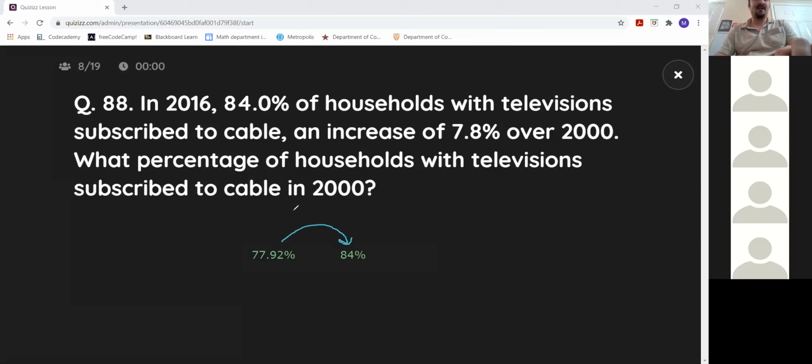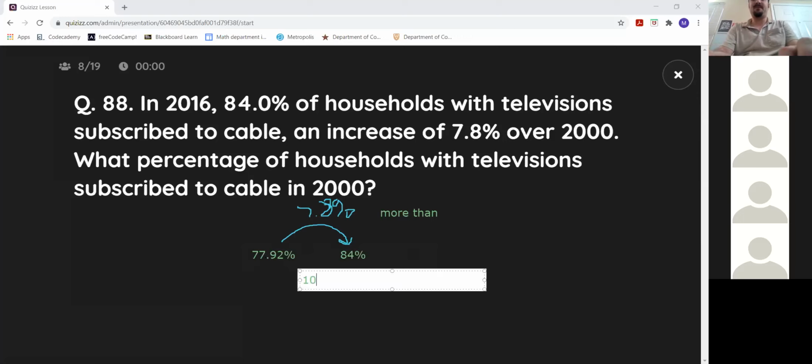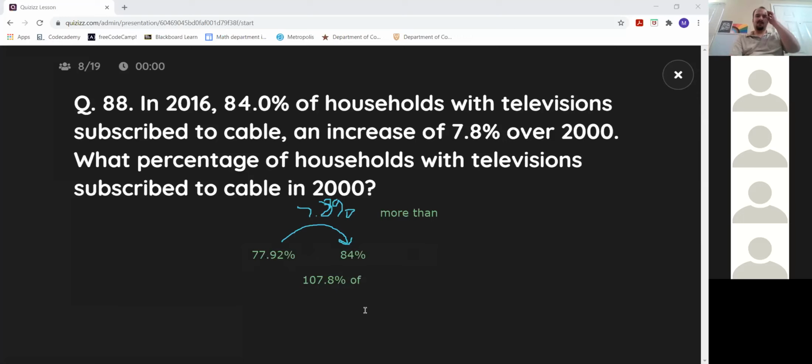This would be what? A 7.8% more than? Sorry, more than. And then the other way we describe it would be what, 107.8% of. So 84 is 107.8% of 77.92 is what we're saying.